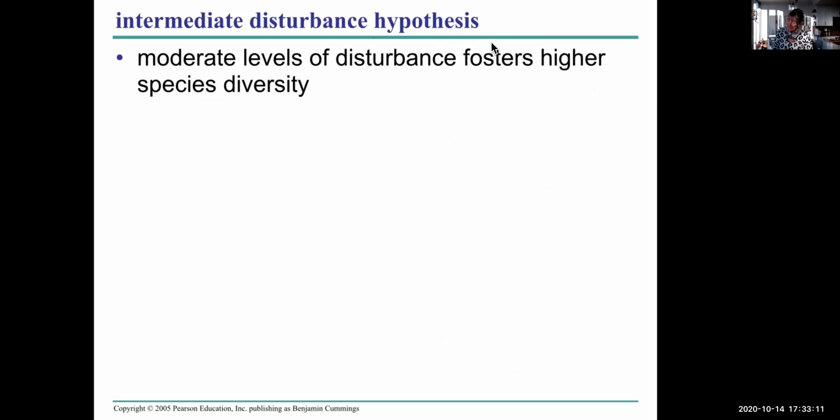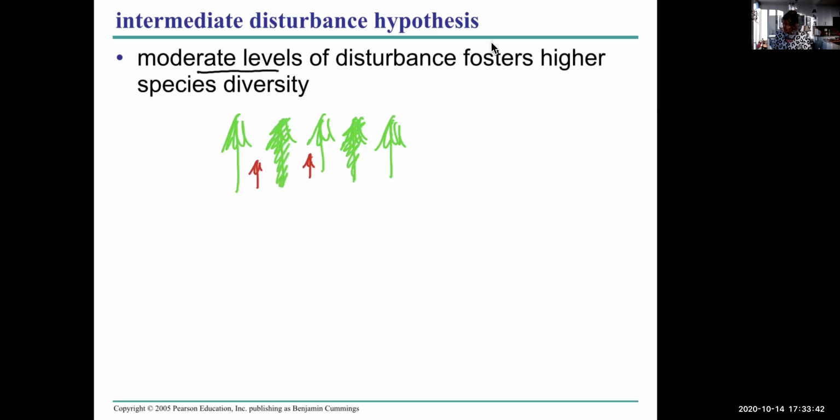There's a hypothesis known as the intermediate disturbance hypothesis, where moderate levels of disturbance foster higher species diversity. So an example of that is such. Say you have a community of trees, and there are also a few shrubs, but there's a fire or some other disturbance, and some of those trees end up falling or they disappear for one reason or another, and then other species can move in for that reason.